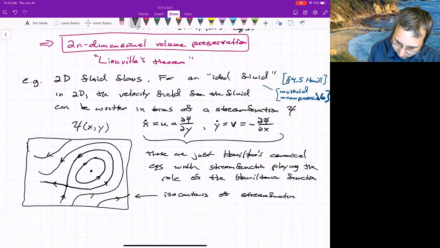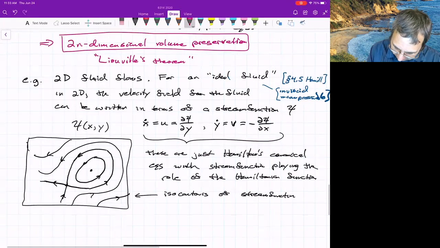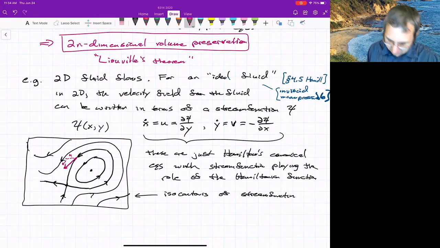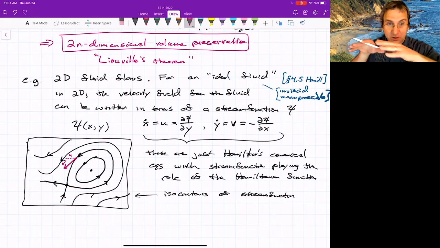But then now you know how to interpret this, right? If I'm looking at this point, I know that I have a vector field. And here's the u component, here's the v component. And it's just going to come from certain derivatives of that stream function. So the stream function, think of it as a height function, and we're just plotting isocontours.